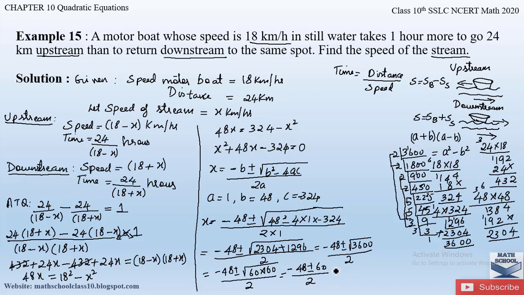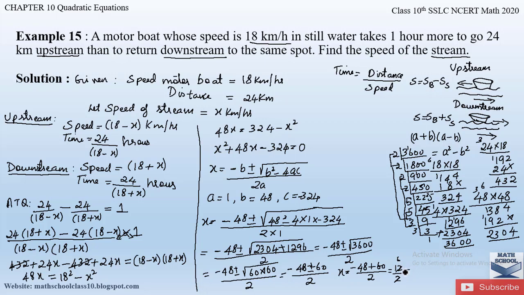So for the first root we are going to take the plus sign, and for the second root we will take the minus sign. Okay, so x is equal to minus 48 plus 60 divided by 2. So what will be that value? 12 divided by 2. Okay, so what is 12 divided by 2? 2 1 times 2, 6 are 12.